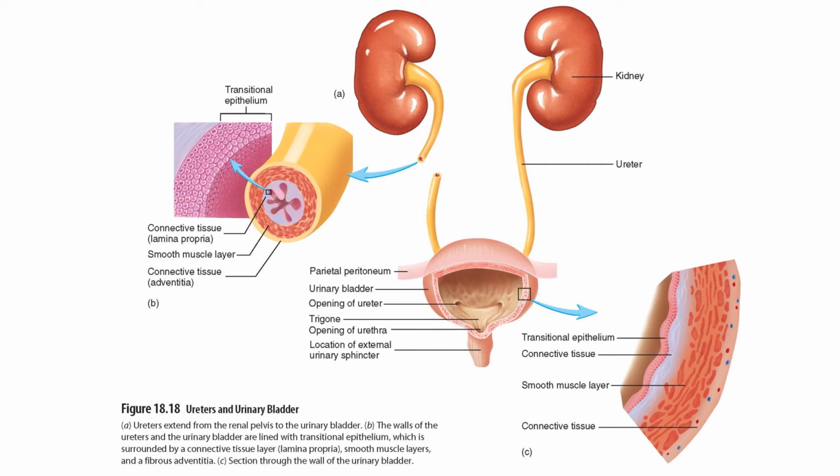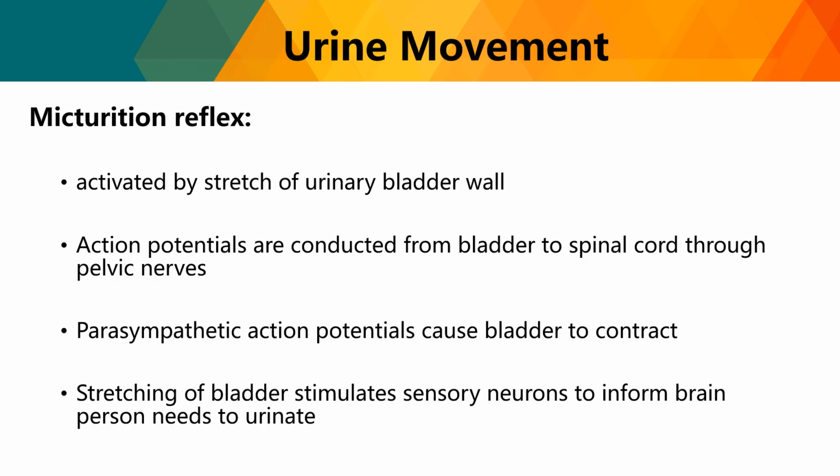So for the layers of your urinary bladder wall, you see here that outside you have the connective tissue, in the middle you have a smooth muscle layer, and then you have a connective tissue before you have a transitional epithelium inside. So for the urine movement, it's actually what you call the micturition reflex.